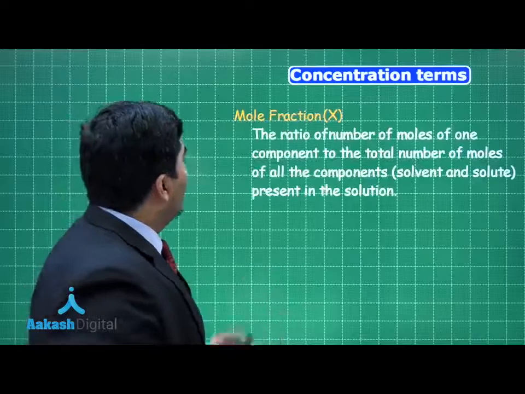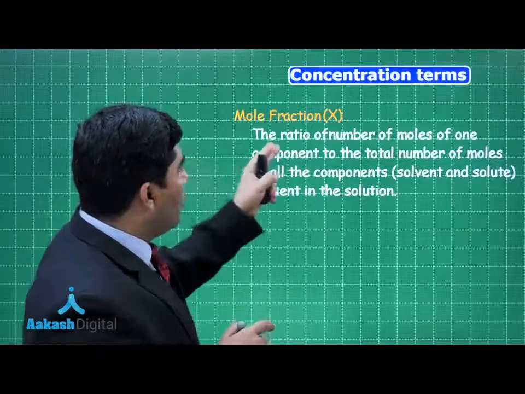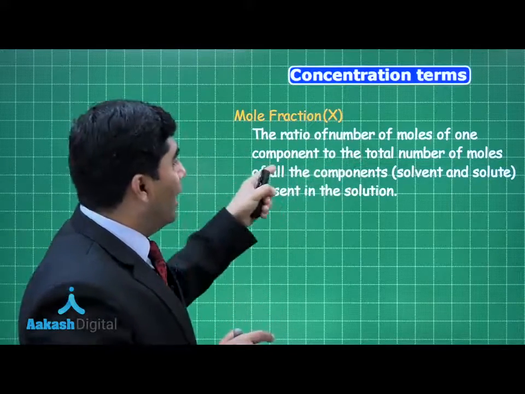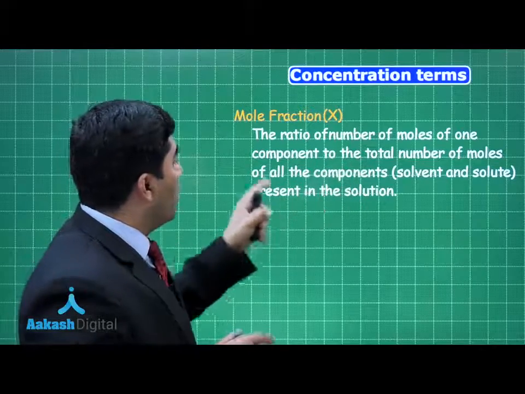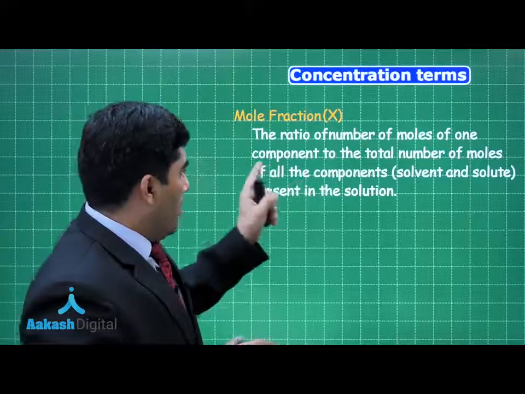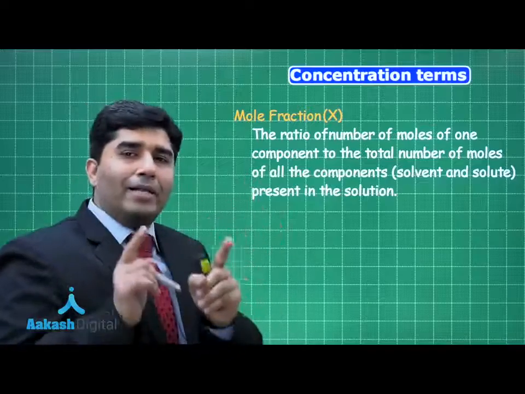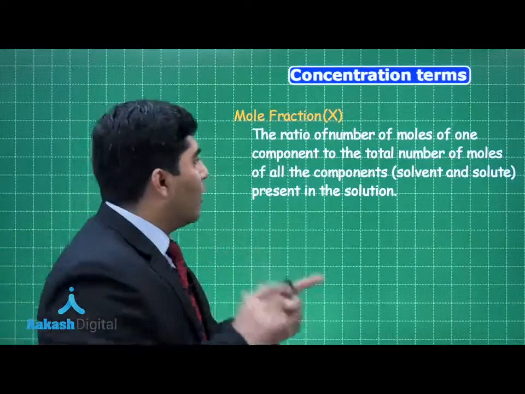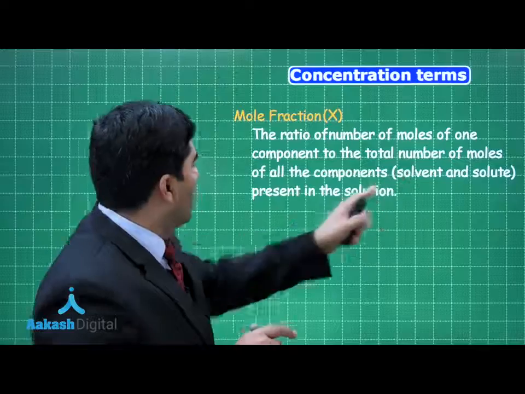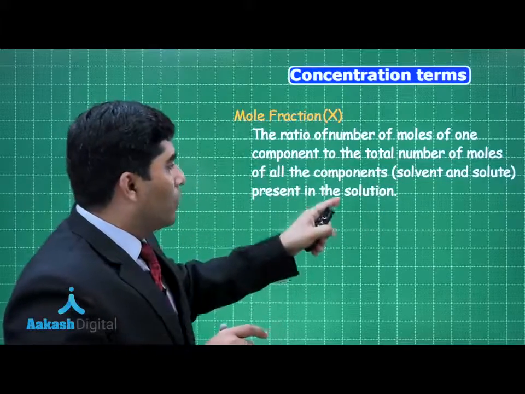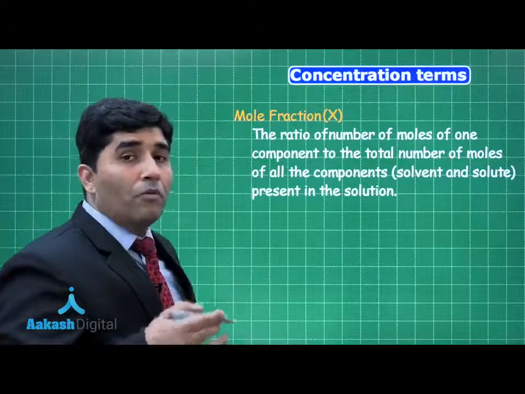That's why the mole fraction is the ratio of the number of moles of one component to the total number of moles of all components. Since we are studying binary solutions, it is written as solvent and solute present in the solution. What is the formula of mole fraction?